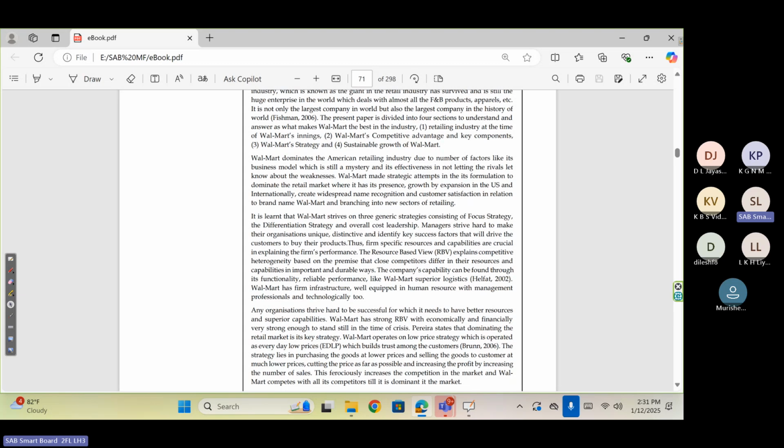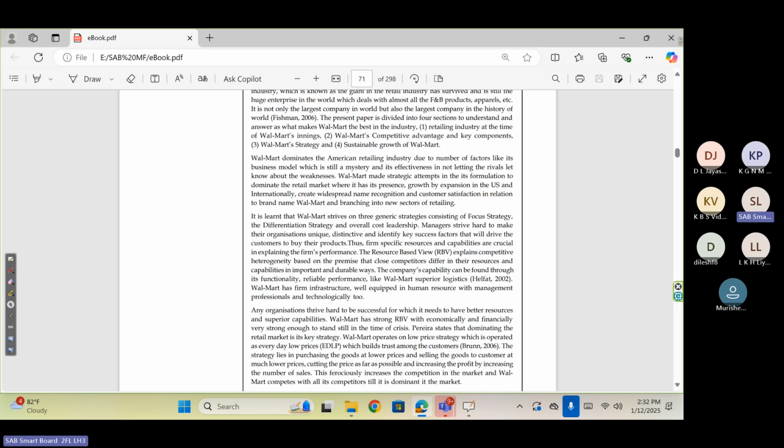Thus, firm-specific resources and capabilities are crucial. That is based on the resource-based view, right? To have the competitive heterogeneity, dissimilar among competitors, based on the premise that close competitors differ in their resources and capabilities in important and durable ways.